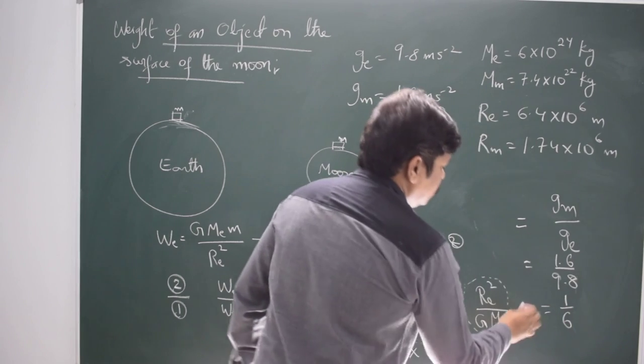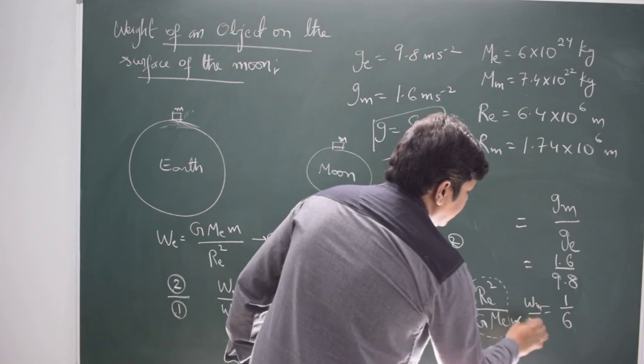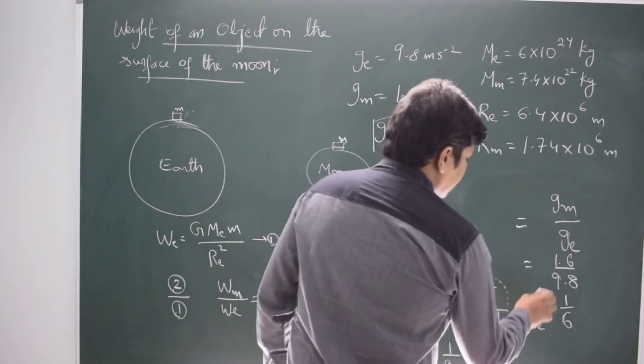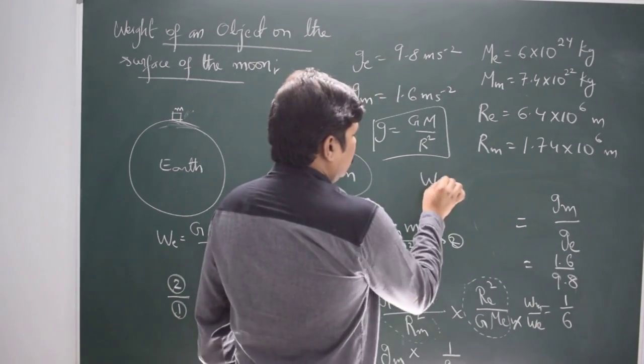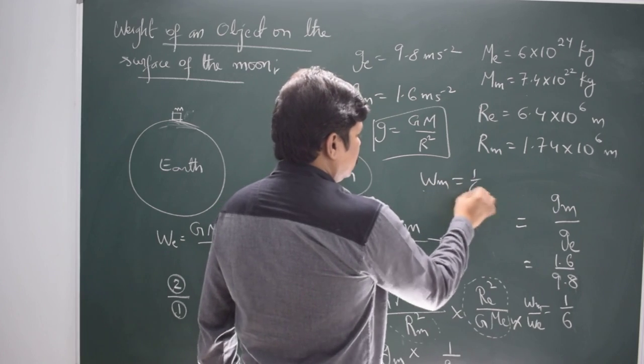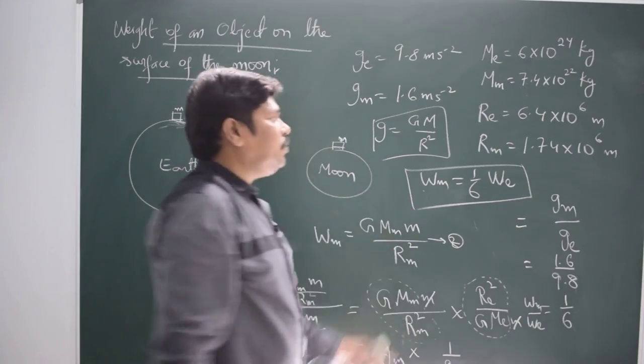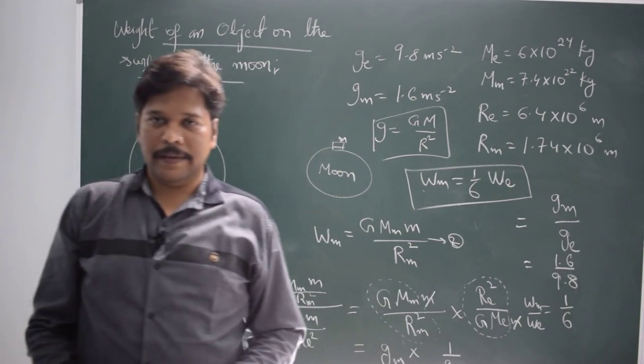So the weight of the object on the moon by the weight of the object on the earth is equal to 1 by 6 times, or you can write it as the weight of the object on the moon equal to 1 by 6 times the weight of the object on the earth. Using this also you can prove it in a simple way.